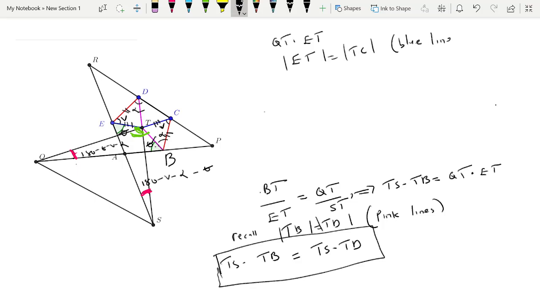So QT times ET is the same thing as QT times TC.